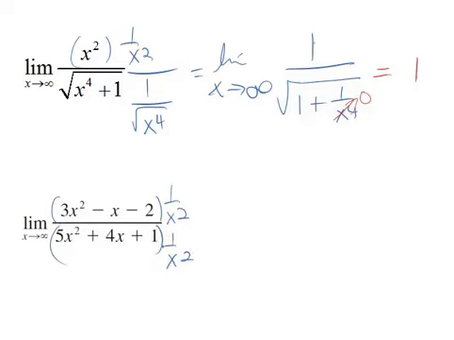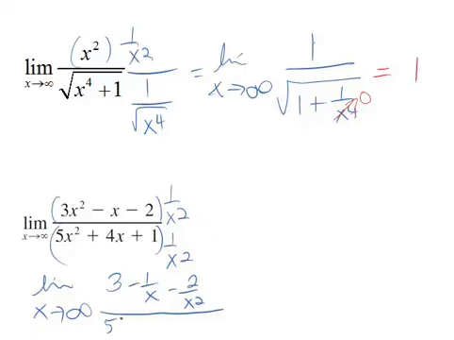When we do that, we have the limit as x approaches infinity of 3 minus 1 over x minus 2 over x squared, all over 5 plus 4 over x plus 1 over x squared. Now, as we let x approach infinity, the terms that have x in the denominator go to 0, and we are left with 3/5.